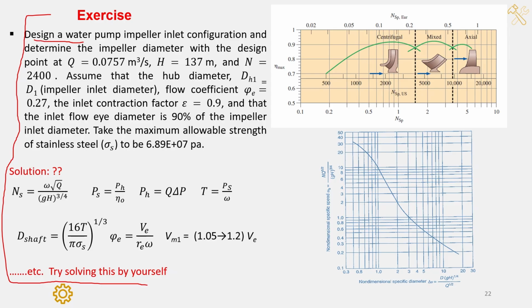Once it says design a water pump, that means it's a design problem, and it should involve selecting the impeller type, sizing the inlet configuration of the pump, sizing the outlet configuration, doing the blade profile, getting the total length of each blade, and then getting the volute and the user information. So it is pretty similar to example 4.7, and the procedure is pretty similar to that example.